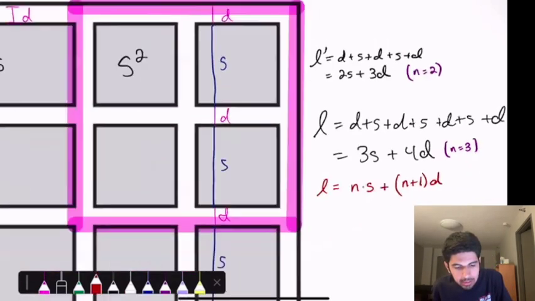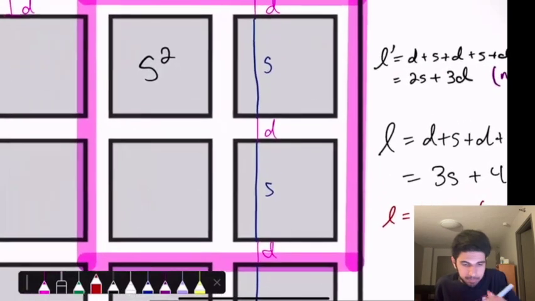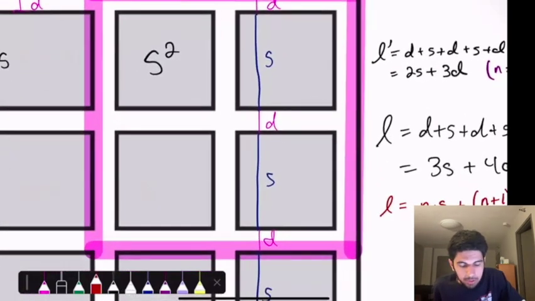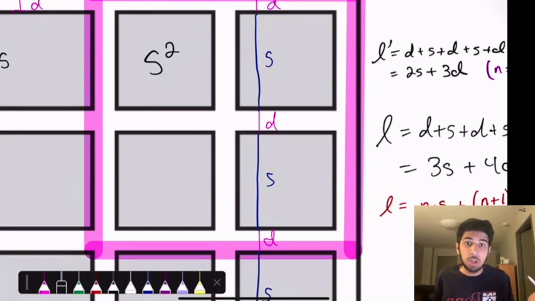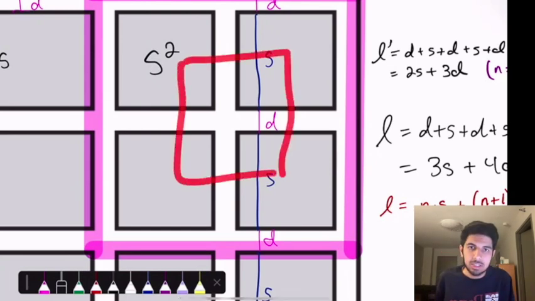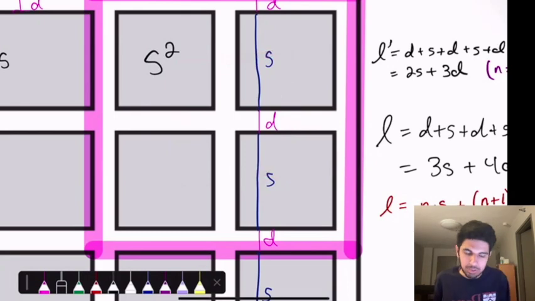Let's look back at the n equals 2 case. There are going to be 2 sides of the gray squares that contribute to the overall side length. That's just due to the array format of these squares, arranged in a square, so it's 2 across, 2 down. That's where we get these 2 s's.